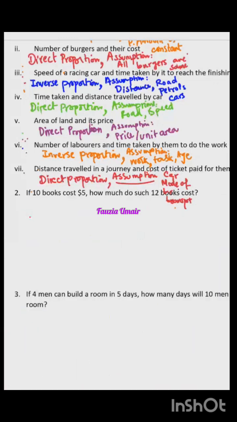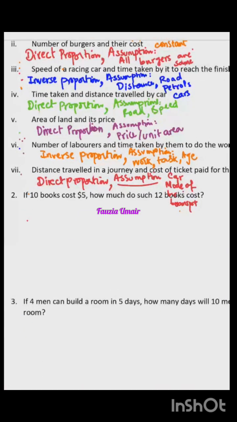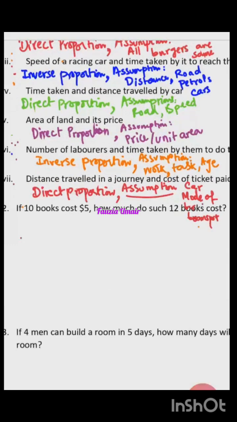So the question is, I'm zooming in so you can read. If 10 books cost $5, how much do 12 books cost? So the first step is, what are the 2 things we are comparing? Please keep raising your hand for the answer. Arslan, you have not answered. What are the 2 things compared in this question? Zoya, ji beta.